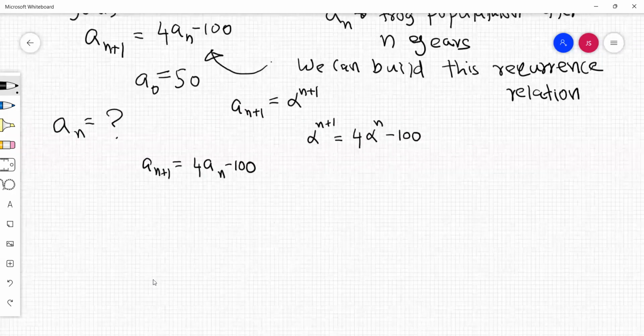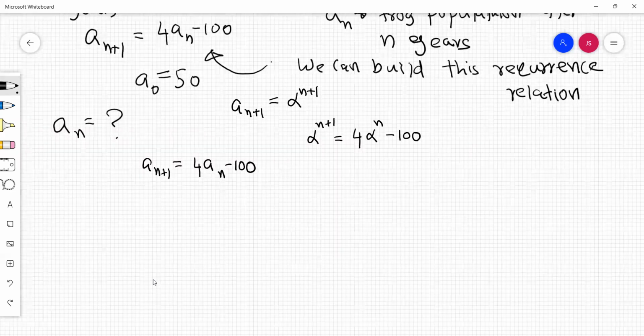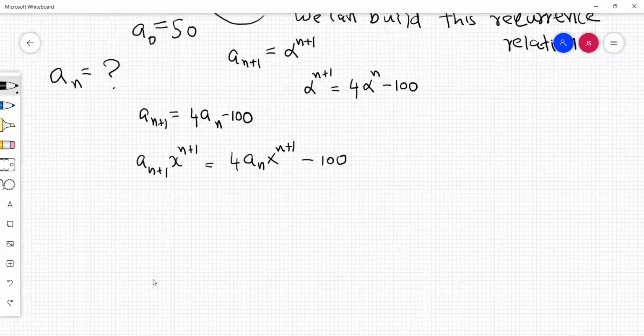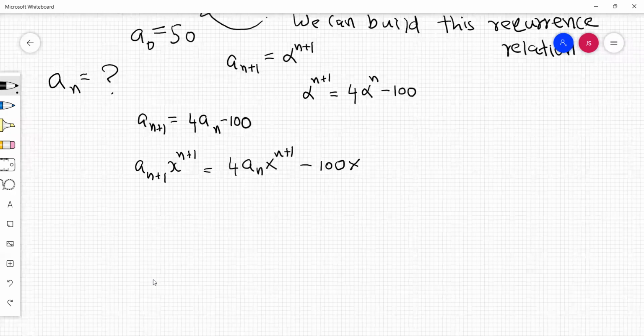Now multiply both sides by x^(n+1), and then 100 x^(n+1), right?